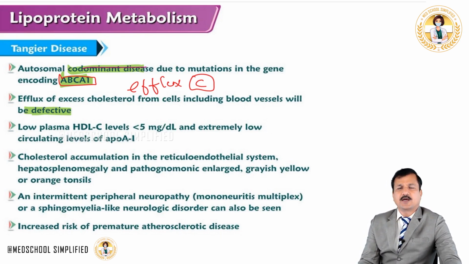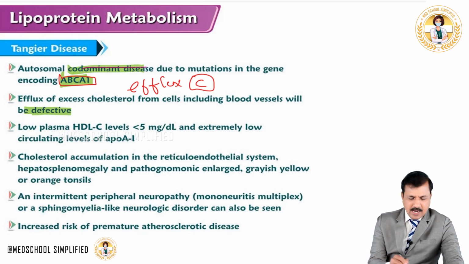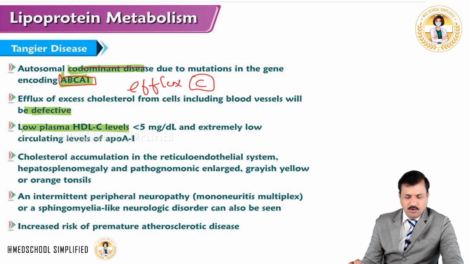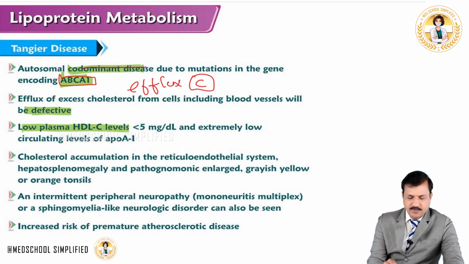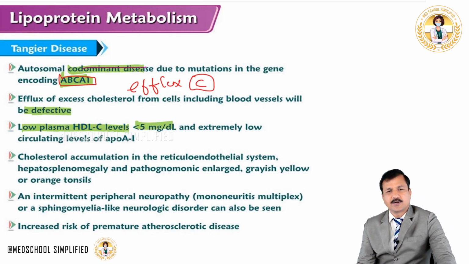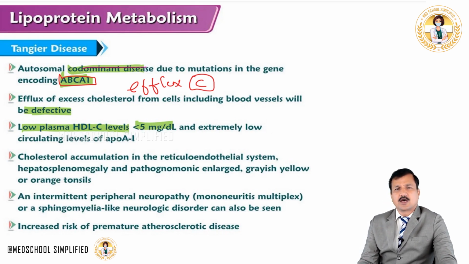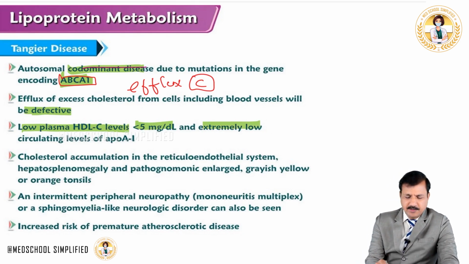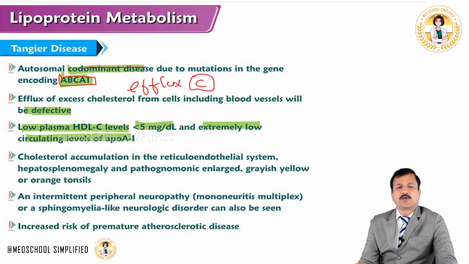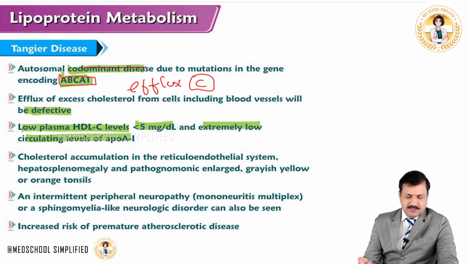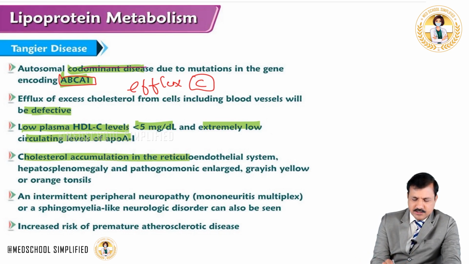Now the development of nascent discoidal HDL into HDL3 will be down, and that is why patients will show low plasma HDL levels, which is usually less than 5 mg per deciliter. Normal HDL is 40 to 60 mg per deciliter. Remember that. So extremely low circulating levels of Apo A1 will be seen, and patients will show accumulation of cholesterol in the reticuloendothelial system.